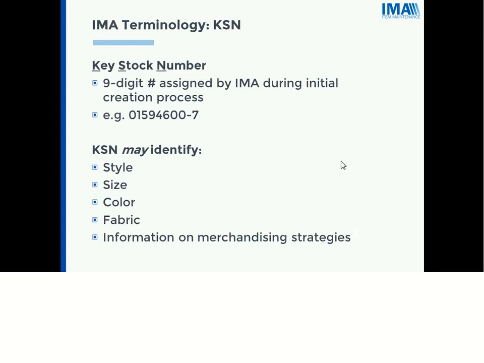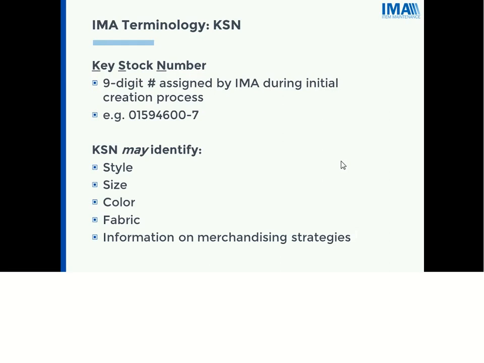The KSN may identify the style, size, color, fabric, or information on the strategies. Some of your buying teams may have worked out your item setup differently from other businesses. There are set fields that are required by vendors and by the system, but some businesses have worked things out with their vendor where they also may input some attributes.